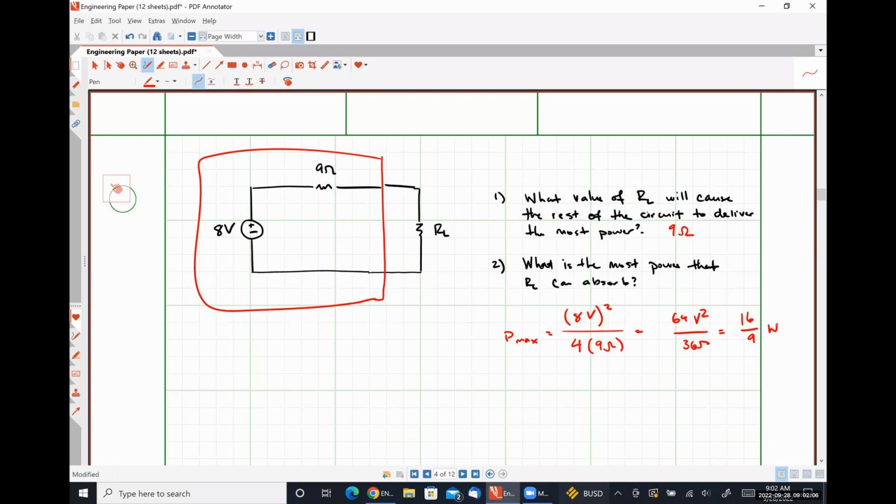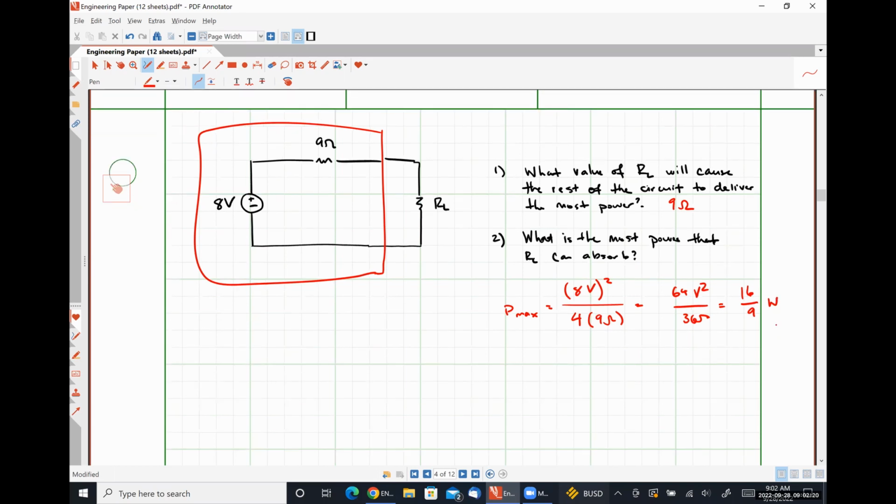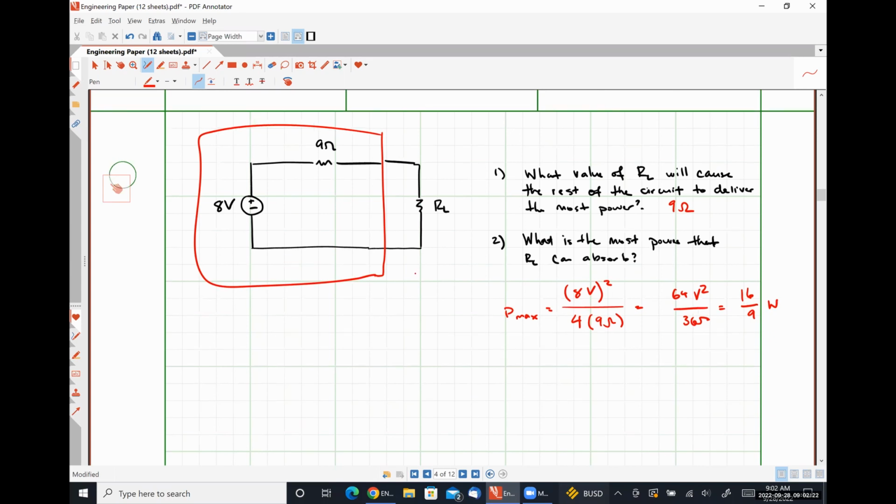Yes. So let's answer that question real quick, okay? So Mason asked, would it be the same thing if we had done a further source transformation here? So this would be 8/9 of an amp in parallel with 9 ohms.